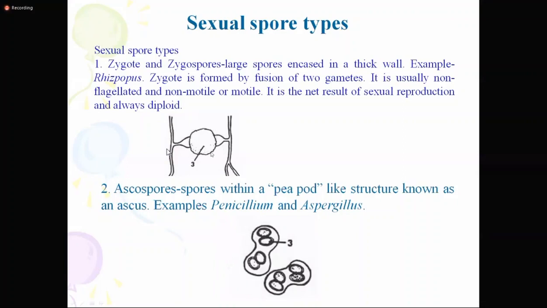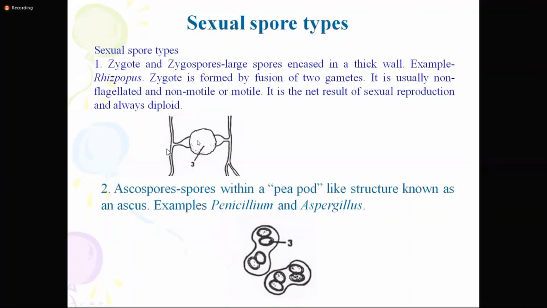Maybe they prepare many spores inside, but sometimes only one. So this is called zygote. You know zygote, maybe you studied it in your undergraduate or HSC. When two different gametes come together and form a structure, it is called zygote.